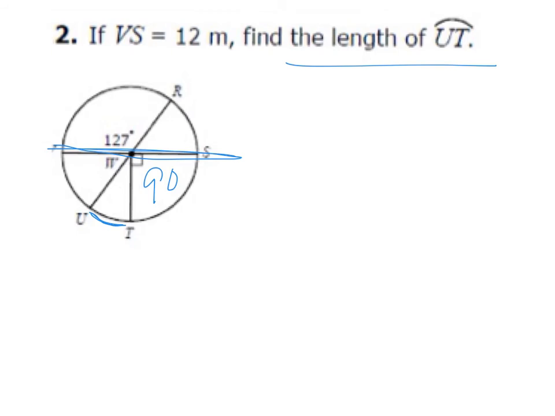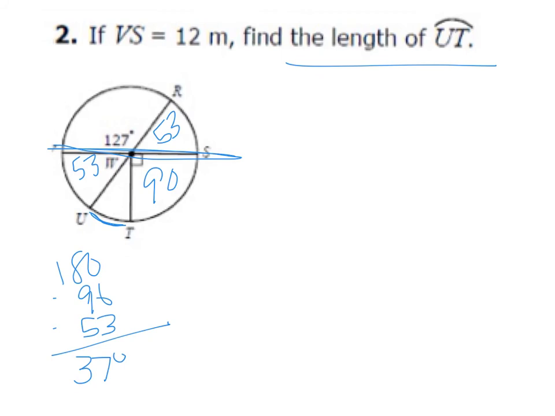And this diameter is going to make us be able to figure out our missing arcs. If I do 180 minus 27, it gives us that these two arcs are 53. And then we could figure out arc UT by subtracting 180 minus the 90 and the 53. When I do that, arc UT is going to be 37 degrees.